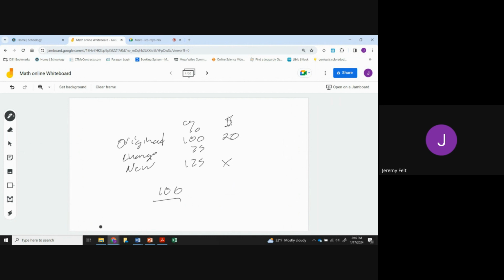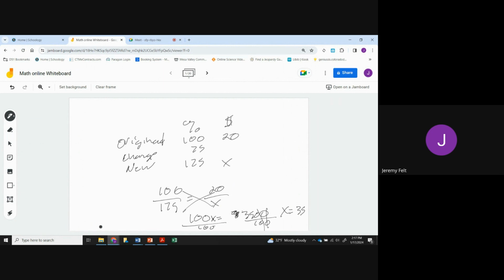So 175 equals 20 to x. Cross multiply. So x equals 35.